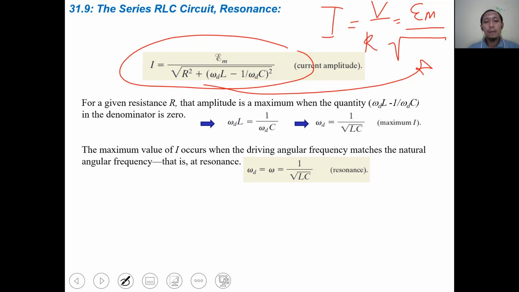And then for a given resistance, the amplitude is maximum when the quantity omega d L minus 1 over omega d C is 0. It means that there is no net reactance here.